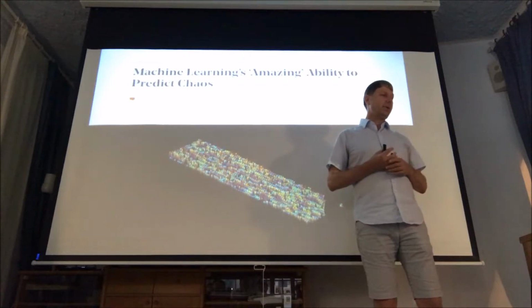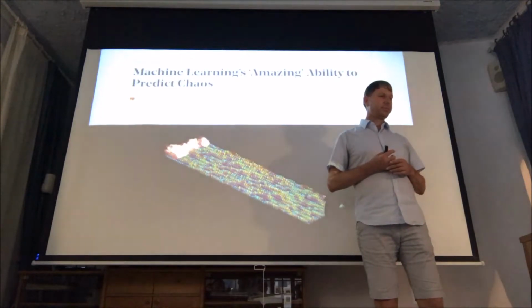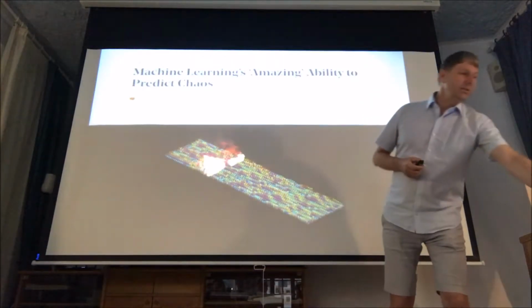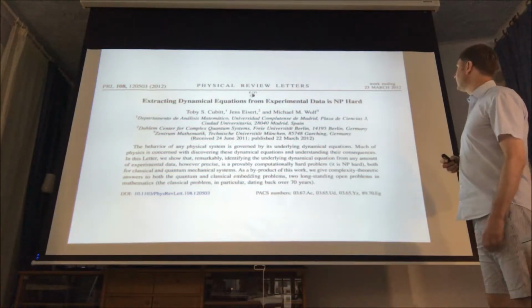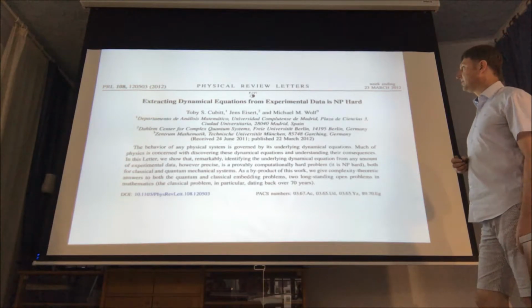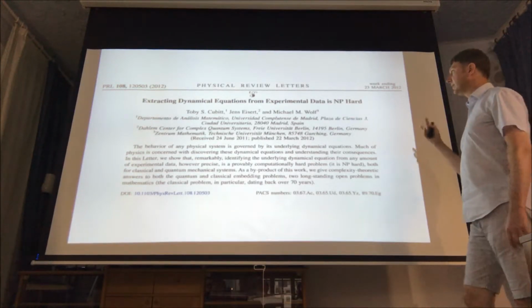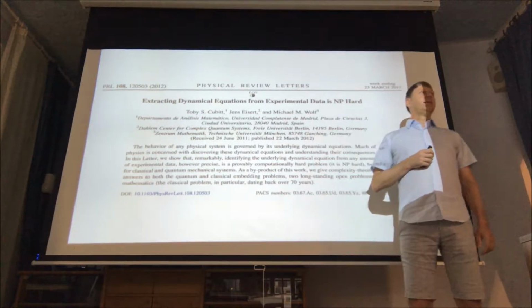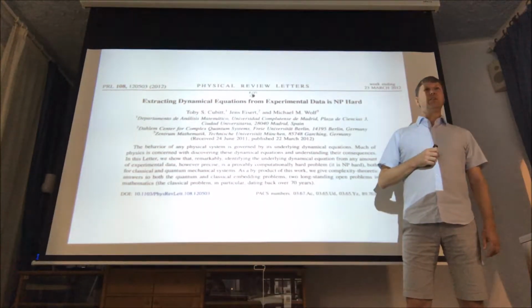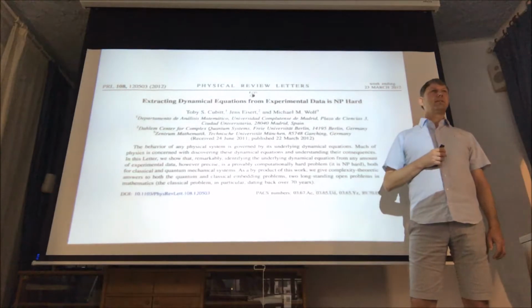So this is just not possible in chaotic systems. Now the bad news really got out in this letter back in 2012, where it was shown that extracting dynamical equations from experimental data is NP hard. And that means it's computationally not efficient, not feasible.